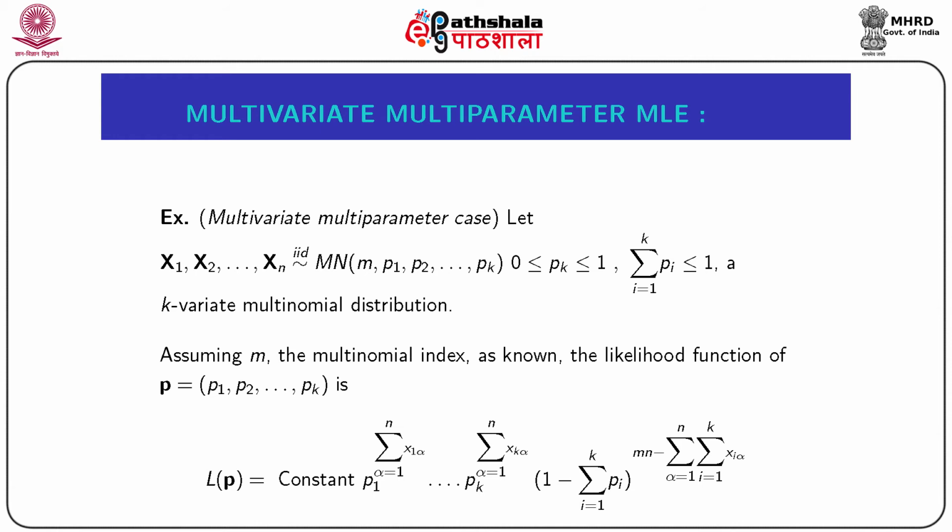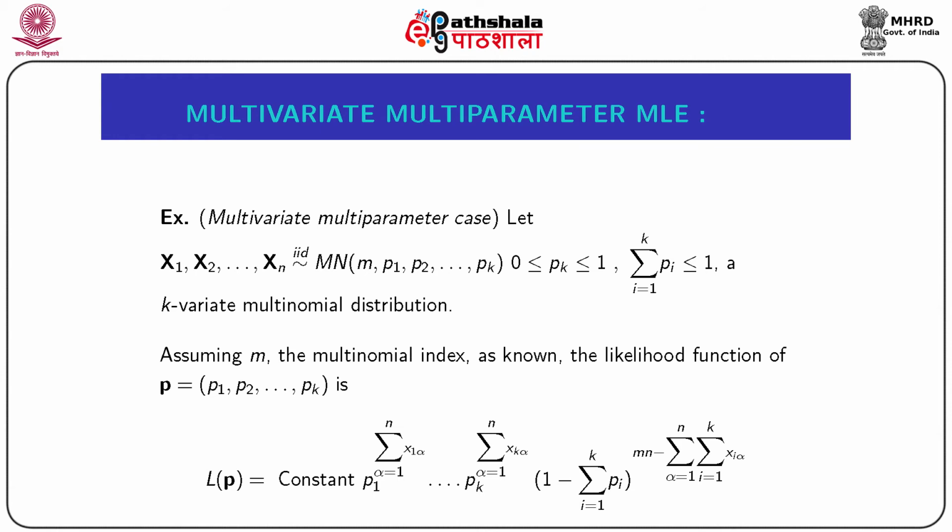Obviously, this is a k-variate multinomial distribution. Usually, in multinomial distribution, the multinomial index m is assumed to be known. So here also we maintain this condition.